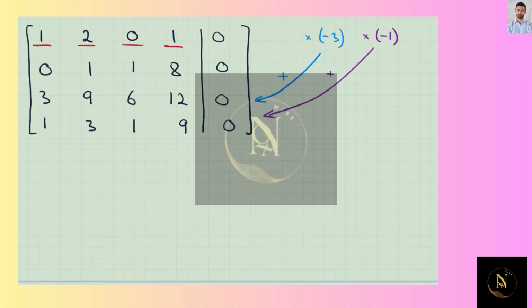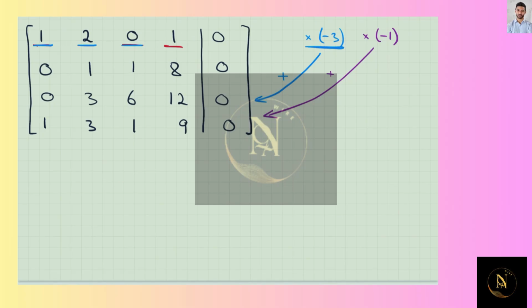Let's move on to the third row. 1 times -3 plus 3 is going to be 0. Two times -3 is -6. -6 plus 9 is 3. Zero times -3 is 0.